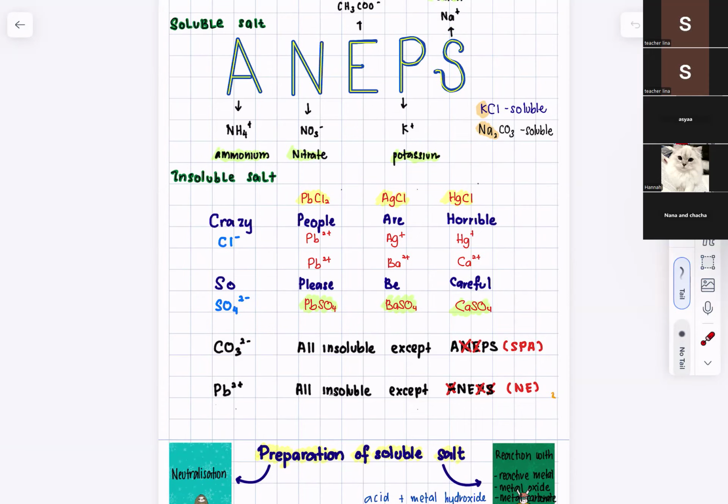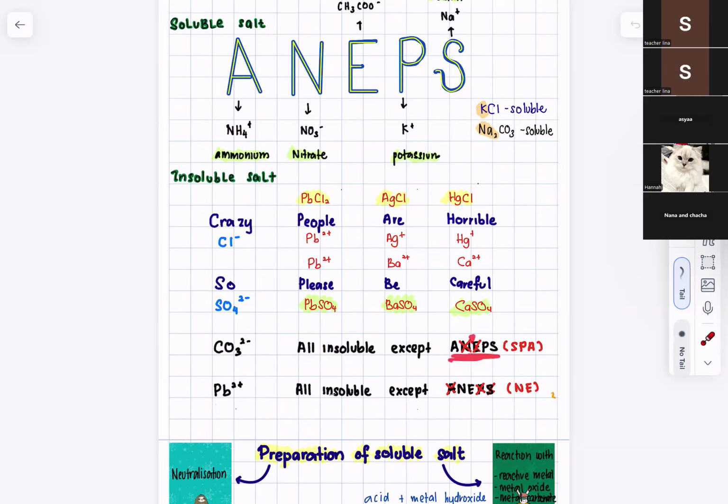Yes. Okay, again, Chacha. Barium carbonate. Soluble. Barium carbonate, remember all carbonates are insoluble, everything insoluble, except for sodium, potassium, and ammonium.